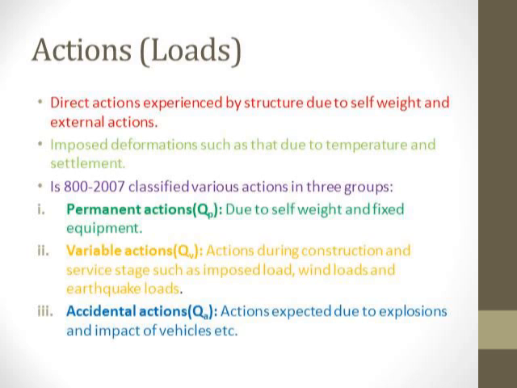Permanent action is due to the self weight and the fixed equipment. Variable action is due to the construction and the service stage, such as the imposed load, wind loads, and the earthquake loads. And accidental load is due to an explosion or the impact of vehicles, which might occur accidentally.